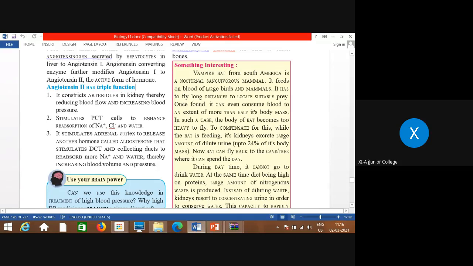So in all three regions, angiotensin is working. First, on the blood capillaries by constriction. Second, in the PCT, maximum reabsorption of ions and water. And third, by secreting aldosterone, in the DCT and CT region for maximum reabsorption of water and ions. So the alternative functioning to ADH is angiotensin 2, which is called RAAS.